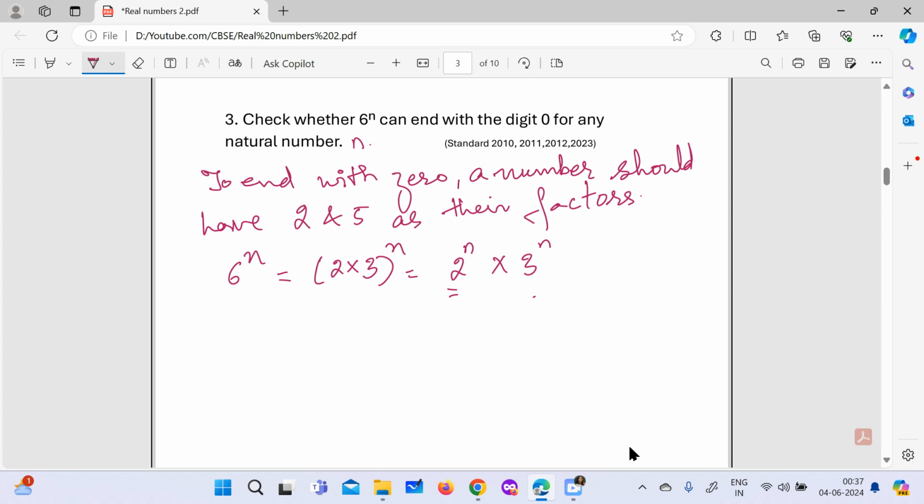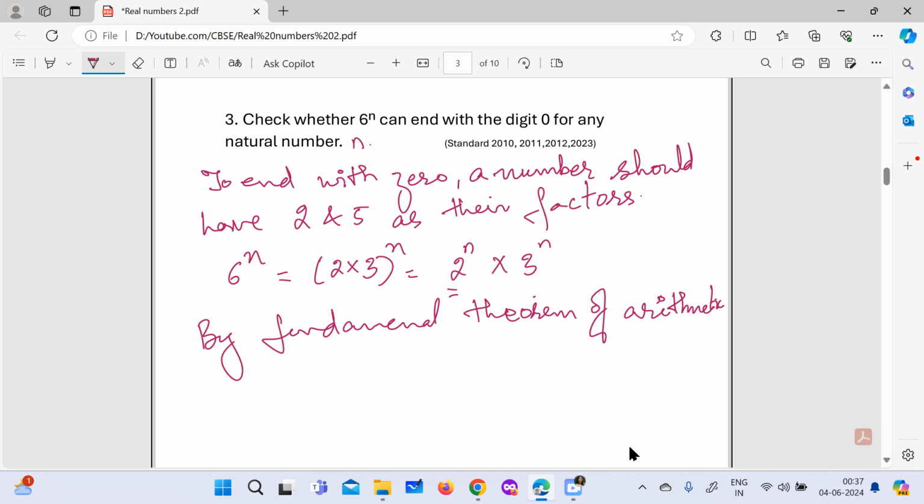So by the fundamental theorem of arithmetic, it guarantees that there can't be any other prime factors of 6 to the power of n.